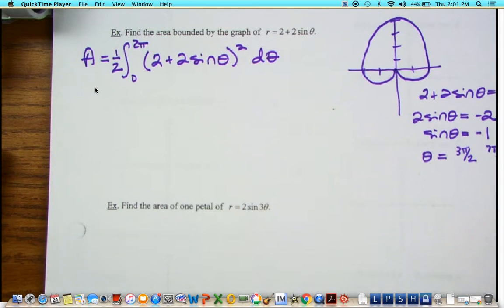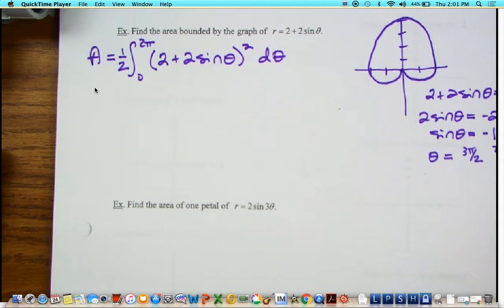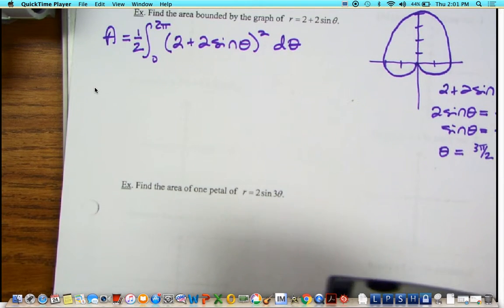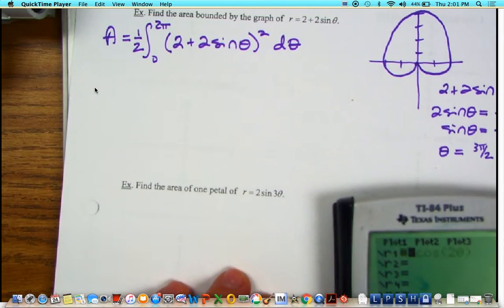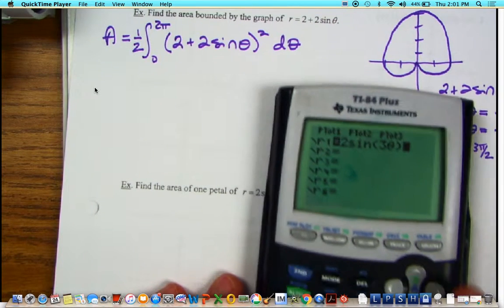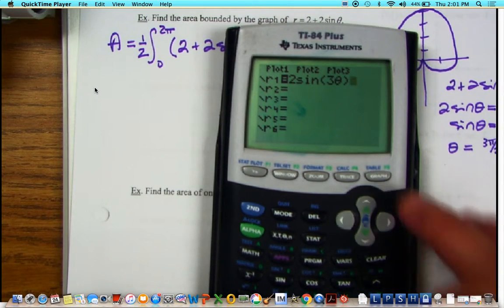All right, so let's look at this one. I want to find the area of one petal of 2 sine 3 theta. You might need to look at the graph of that. And it just wants one petal.